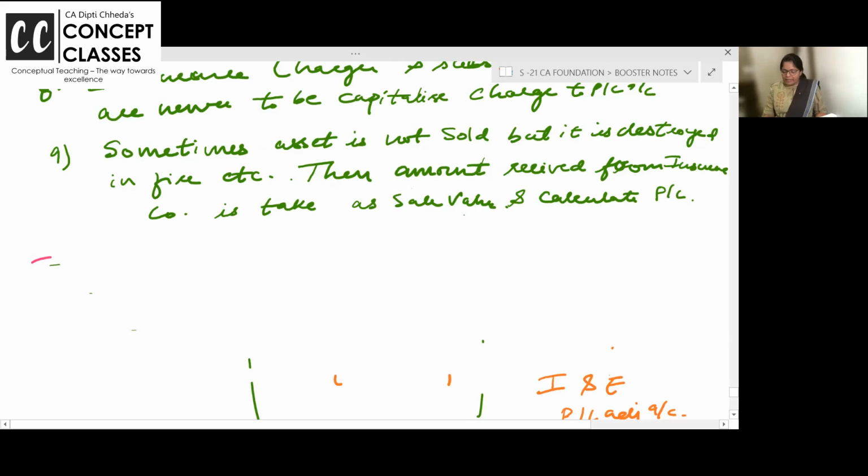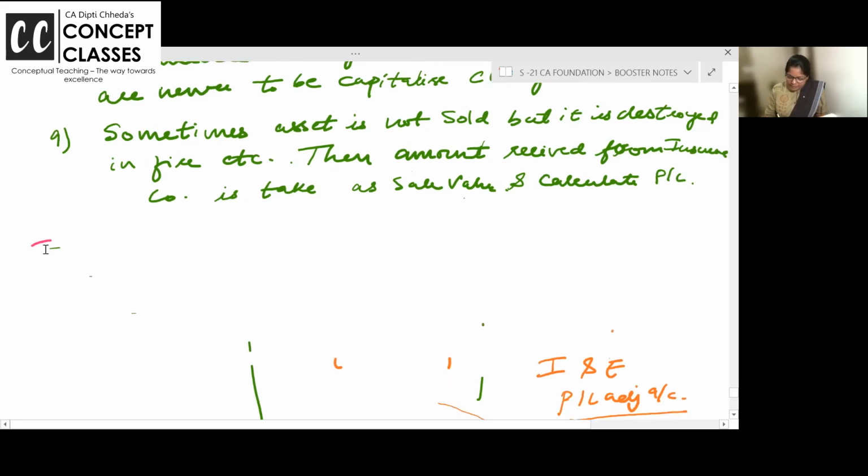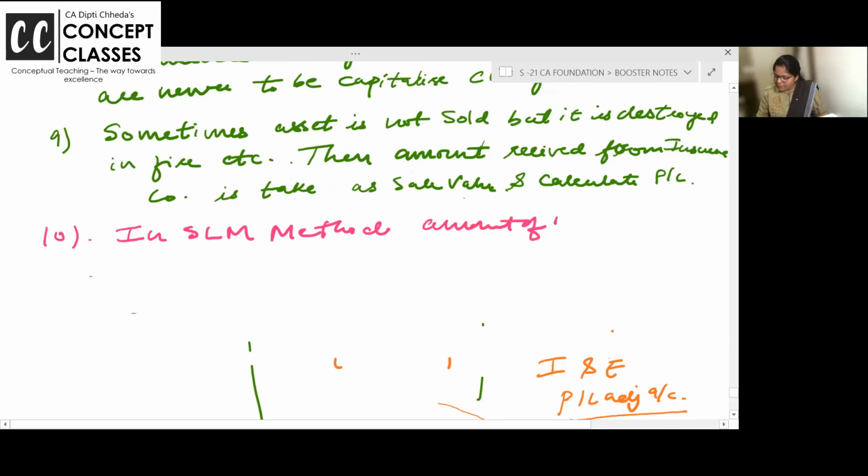Write down the next running point. In the SLM method, the amount of depreciation is constant. In the WDV method, the rate of depreciation is constant.